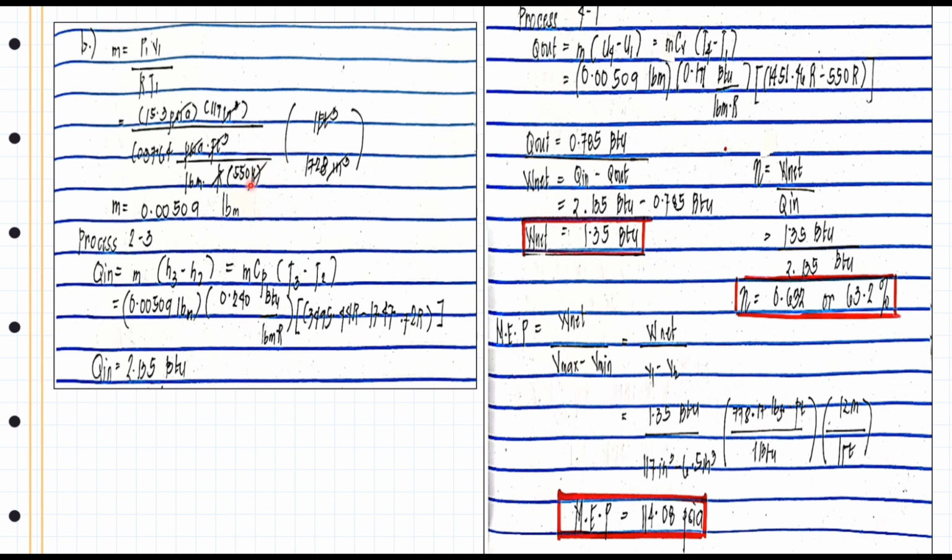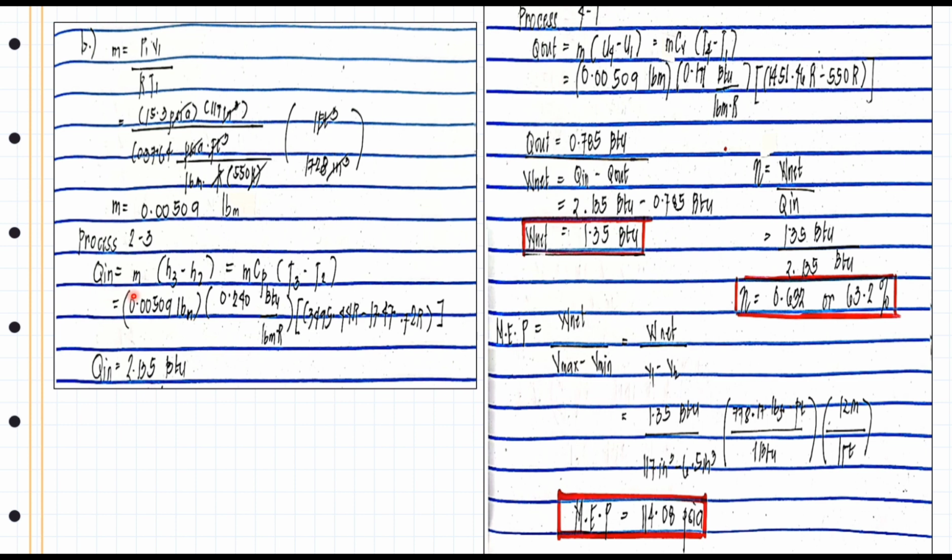We have to convert this, so we multiply by cubic feet over 1728 cubic inches, and cancel the same units. So the mass of the air is 0.00509 lbm.